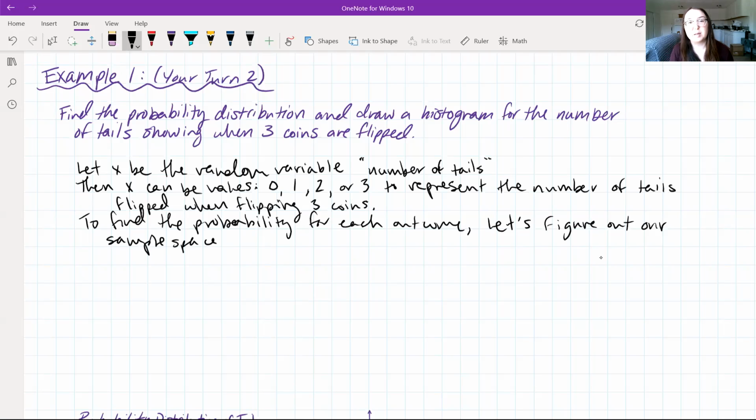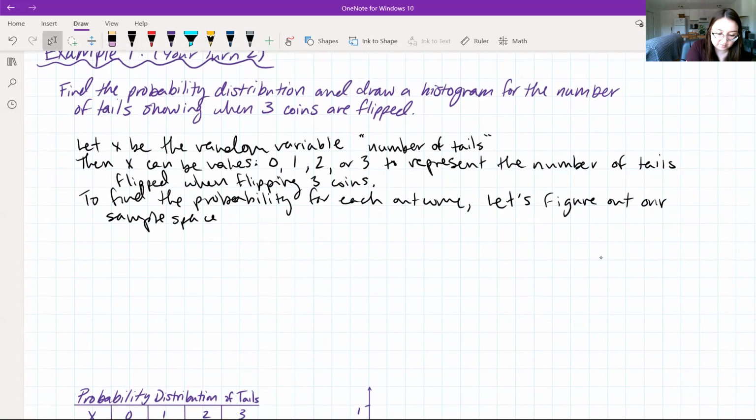So we want to find our sample space. We know that we are going to have 4 different outcomes because we have 0, 1, 2, and 3. Remember, with our sample space, we care about the order. We want to know what order they're going to go in. So we need to find all the different ways that they could be arranged.